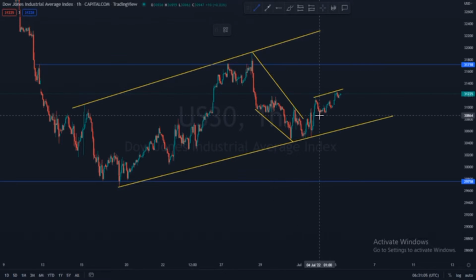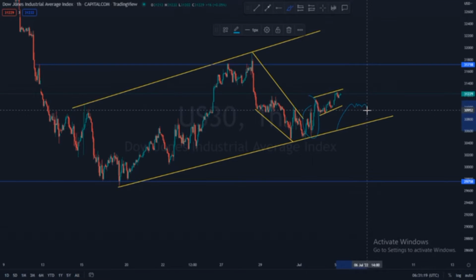One thing I was also looking at: when you look at this session here, this move looks like an impulse, and we know when price impulses, it likes to form this type of correction. So this one gives us a not-too-perfect bullish flag, giving us that type of running channel to push to the upside.